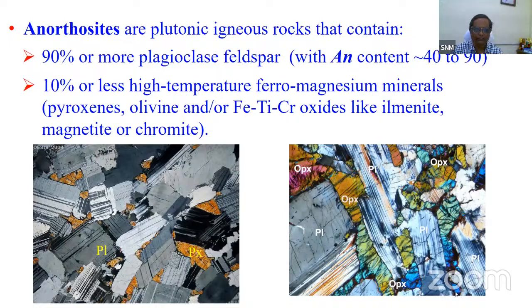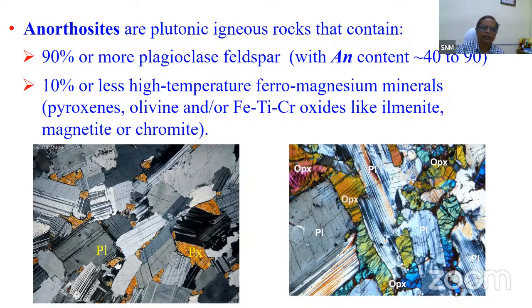Starting with anorthosite, everybody knows anorthosites are plutonic igneous rocks. The important thing is that they contain more than 90% plagioclase. These can be called monomineralic rocks. When any rock comprises more than 90% of the same mineral, it can be called a monomineralic rock.